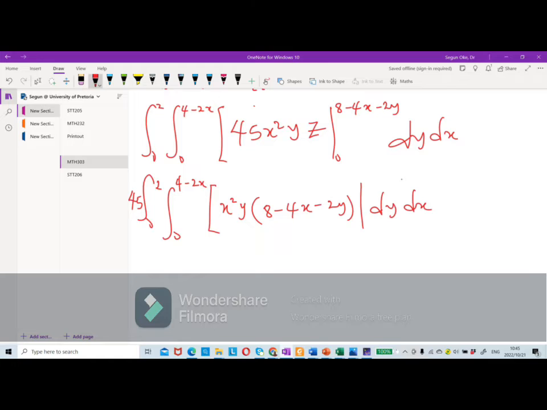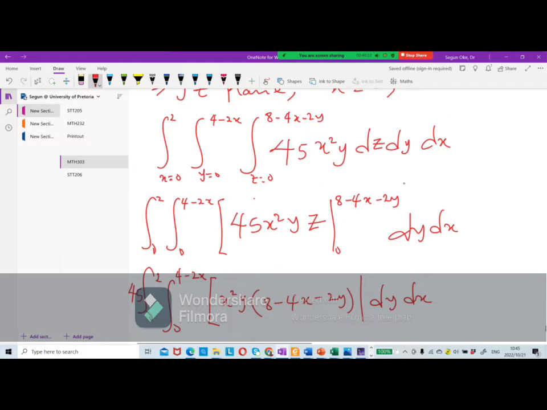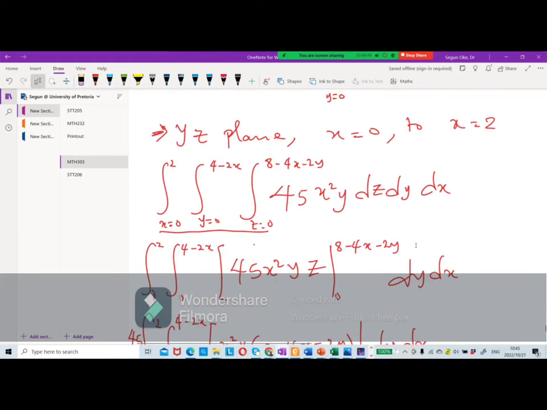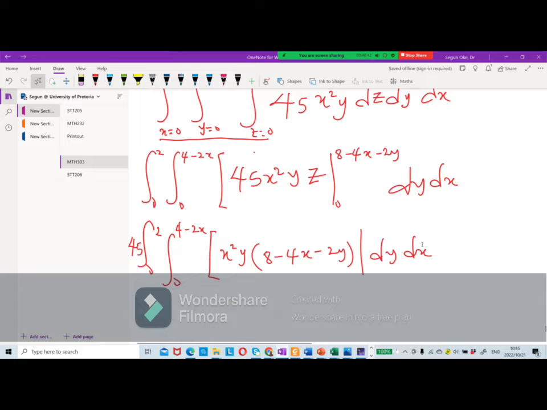Then, if you don't want to make mistakes, make sure you do it this way, so that you know what each integral stands for, so that you will not make a mistake by integrating the one for z with y. Please take note of that. So I believe you should be able to solve this one now.